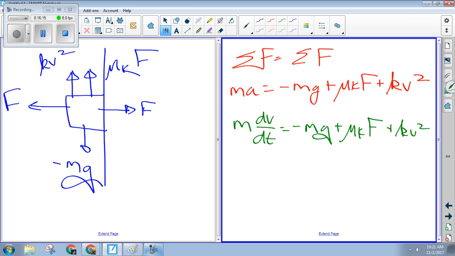All right, next step. Multiply by dt. Get all of your t's on one side and your dv's on the other side. So I'm going to kind of do this all in one big thing. We're going to multiply by dt and then divide by this big mess. Is that cool? So I'm going to get m over that big mess. You have to stand like this when you integrate, you guys.